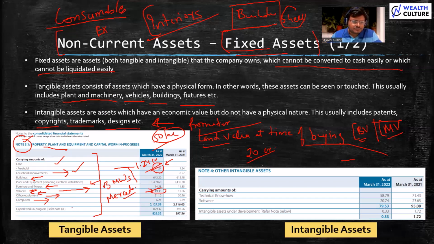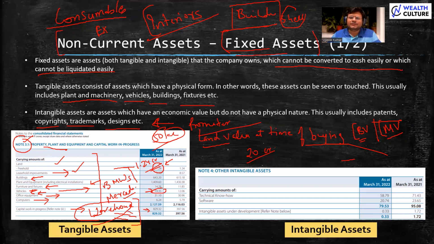And then you have a line item which is capital work in progress. So what else is currently in development? For example, let's say they are building a new warehouse and it has still not become operational. Whatever building, fixtures, furniture, plant equipment is getting invested in this warehouse or being bought, that will show up here, right?